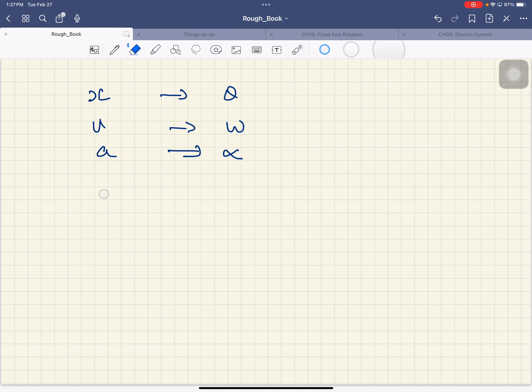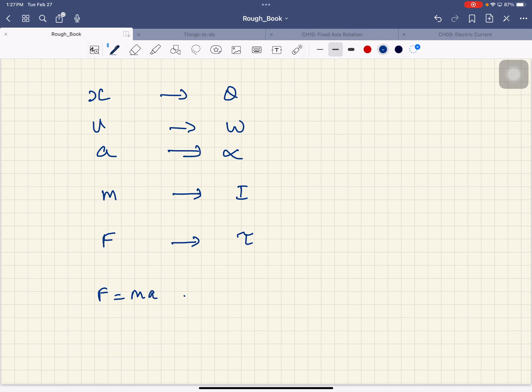We haven't told you what the replacement for mass is. That's a little complicated, and so we'll tell you it's moment of inertia. We haven't told you what the replacement for force is. The replacement for force is torque. What does F do to you? It gives you acceleration.